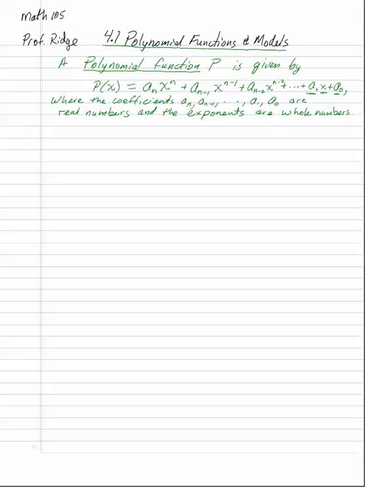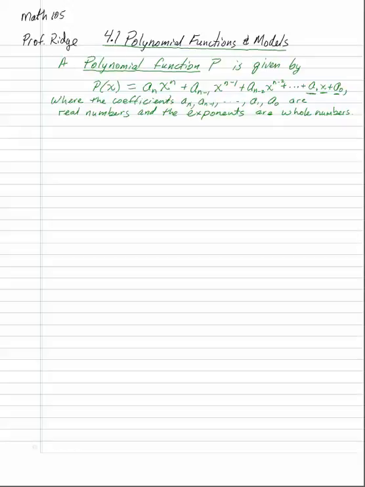Okay, so the subscripts are just distinguishing the coefficients. So a sub n minus 1, a sub n minus 2, those are the coefficients for the term that matches the degree, right?